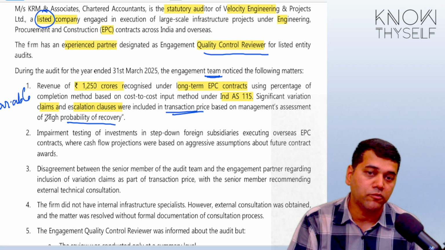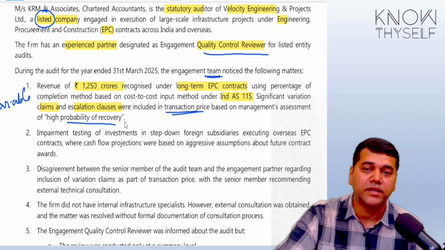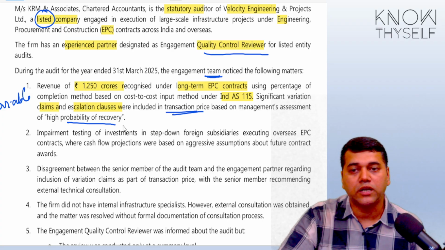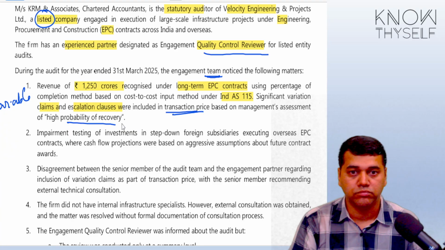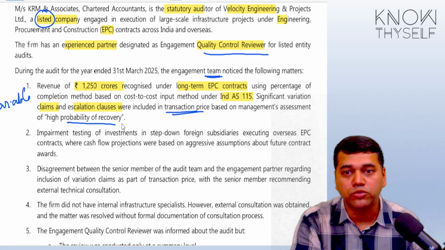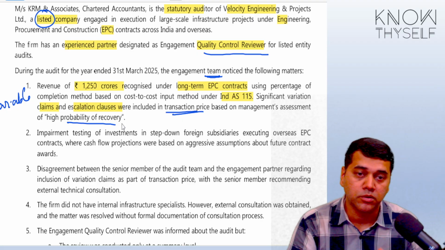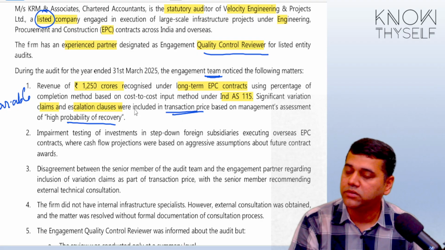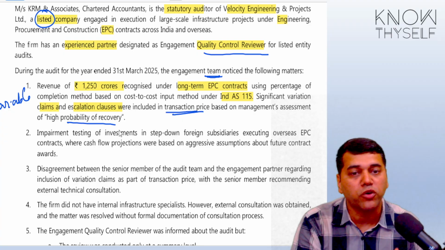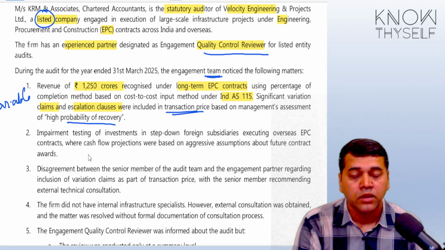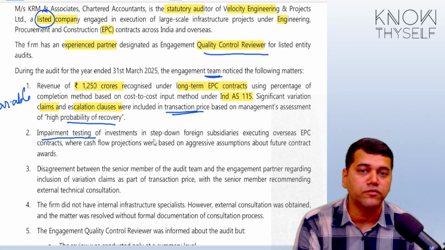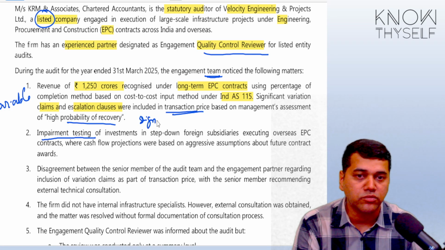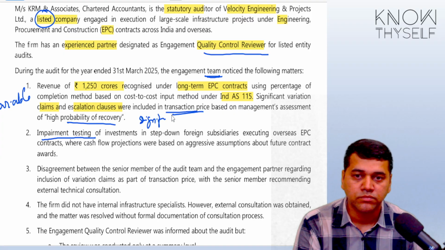So management has added some escalation clauses, and through that they have an opportunity to recognize higher revenue, being more aggressive and opportunistic, being more positive about future outcomes. So there is a significant judgment in revenue recognition.